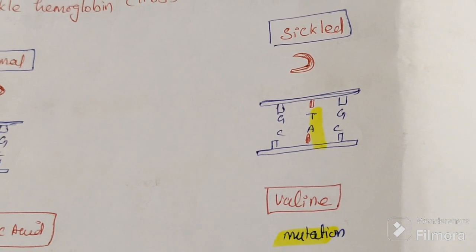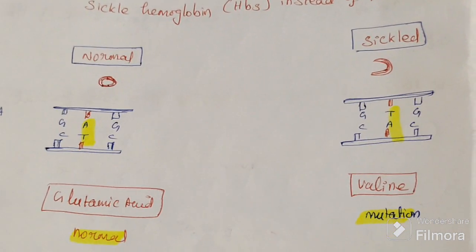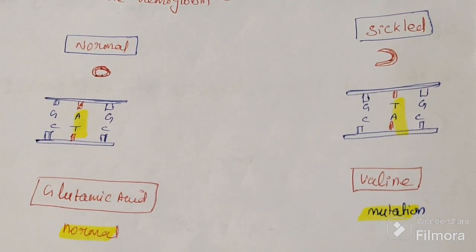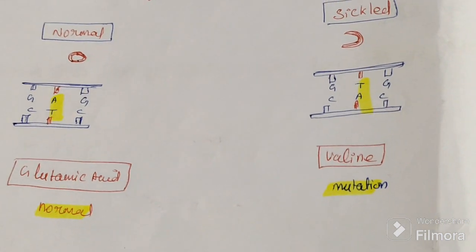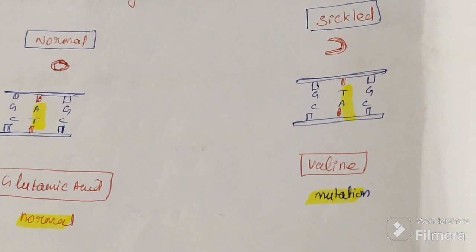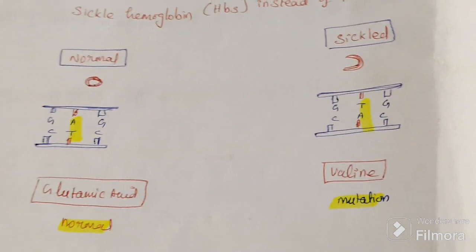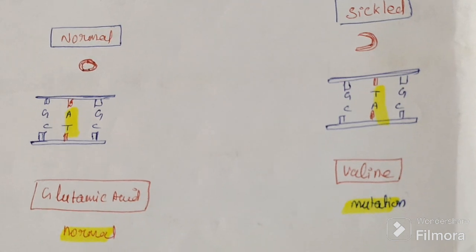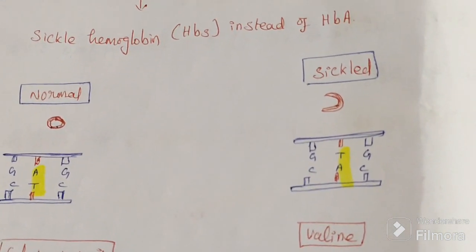The exact mutation is that adenine is replaced by thymine. So at that sixth position, it was normally glutamic acid, and now it is replaced by valine. Because of this, hemoglobin A is replaced by hemoglobin S.